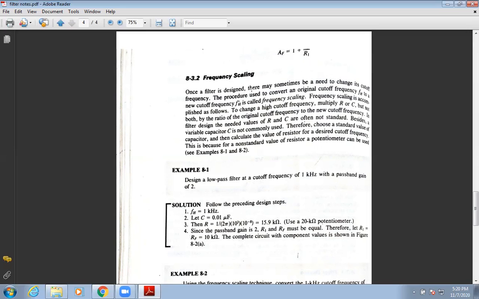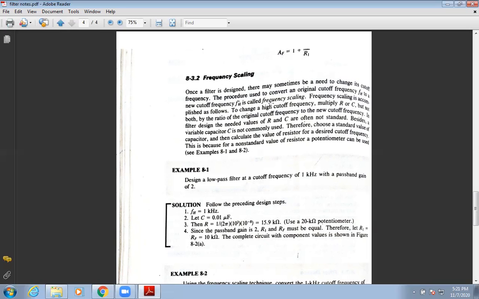Once a filter is designed, there may sometimes be a need to change its cutoff frequency. The procedure used to convert an original cutoff frequency fH to a new cutoff frequency is called frequency scaling.